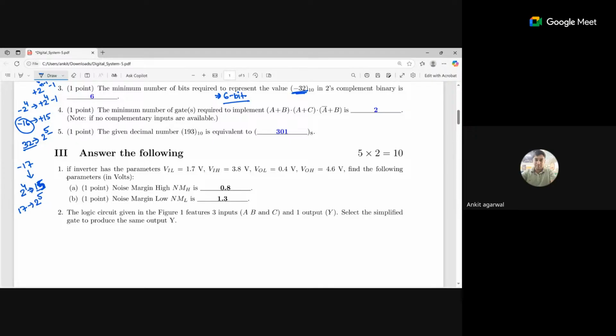Sorry, 2 raised to power 4 is 16; 0 to 15 is the value. Now when we go to 17, we require 5 bits. Now minus 17 should be represented in 5 plus 1, 6 bits. Clear?